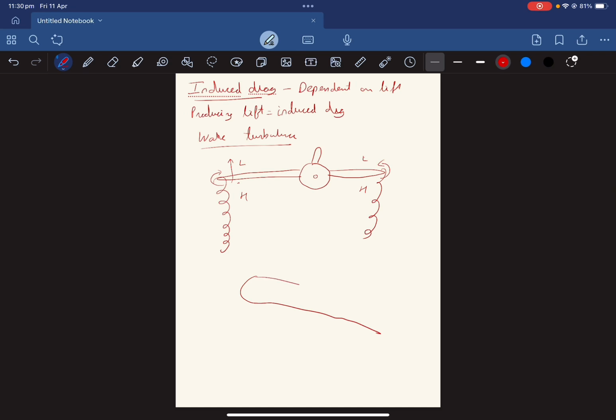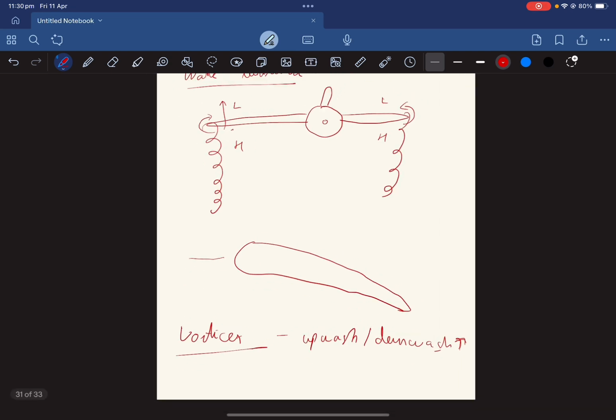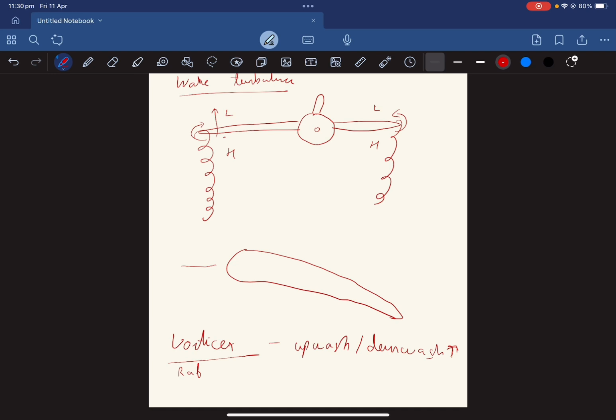When your aircraft is creating vortices, what happens to your upwash and downwash is, let's say this is your upwash, and downwash increase. I hope you remember from the previous video when I taught you ground effect. So upwash and downwash increase, and then your relative airflow changes to effective airflow.